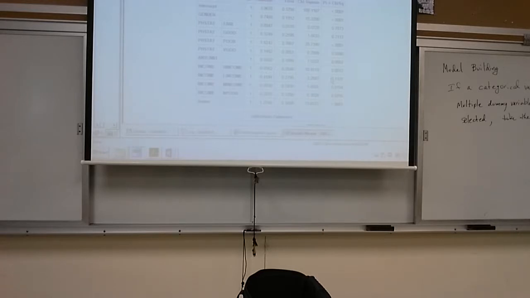Read it to me. 9.667. Okay, and then gender, and gender is a 0-1 variable, and it's 0.7458 times gender. And females are 1, and males are 0, right?